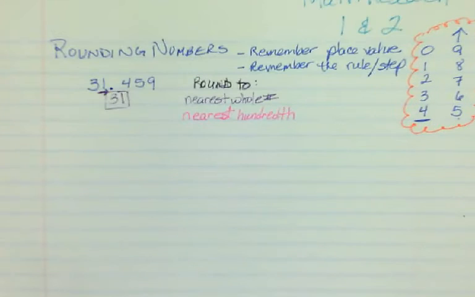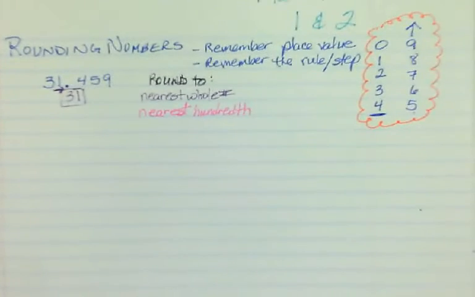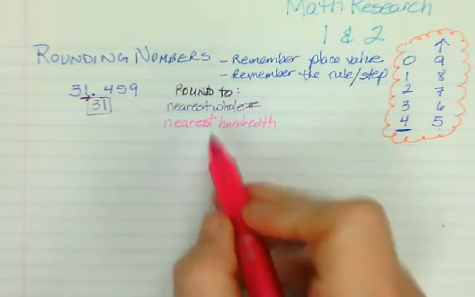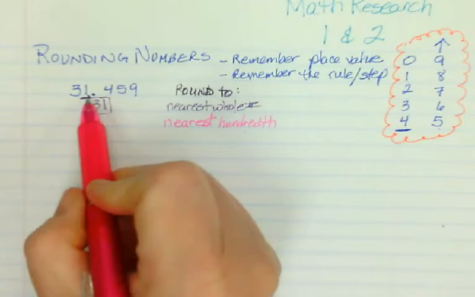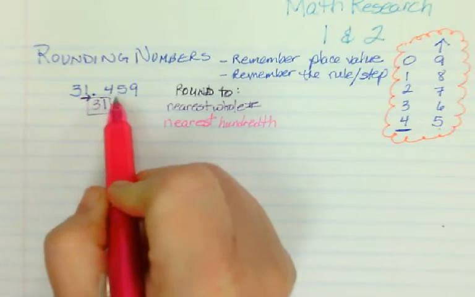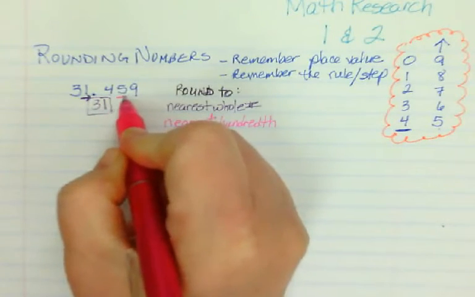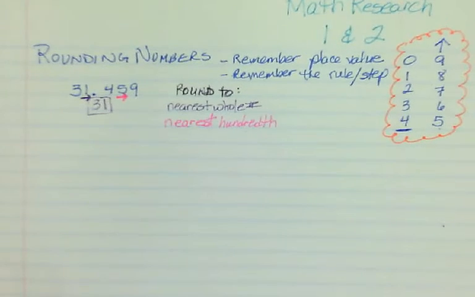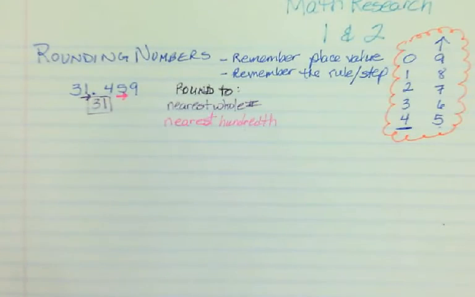If I can zoom in just a little bit more. How's that? A little better? Alright. So, nearest hundredth. Well, ones, tenths, hundredths. So that's that one. And this is why I like to use different colors. Besides that, it makes my notes look really cool.